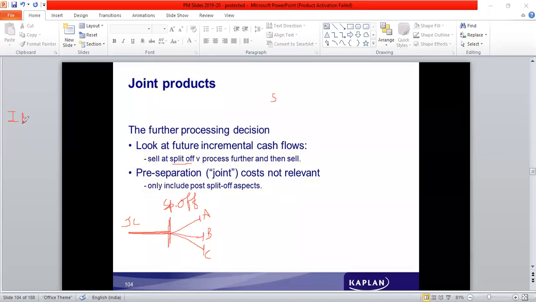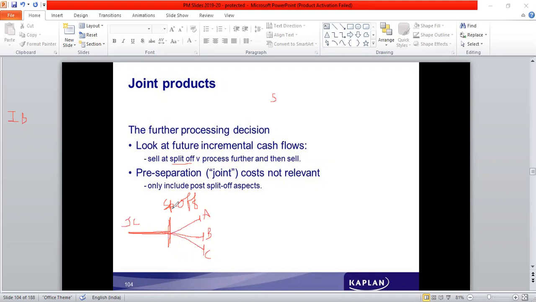For example, if the product is sold at the split off point for 100, after further processing it may be sold at 125. So they would be getting a benefit of 25 more. If they sell it at this split off point, they can get a revenue of 100 per unit. But if the same product is processed further, then it can be sold at a higher price. So the difference between these two prices is called the incremental benefit.